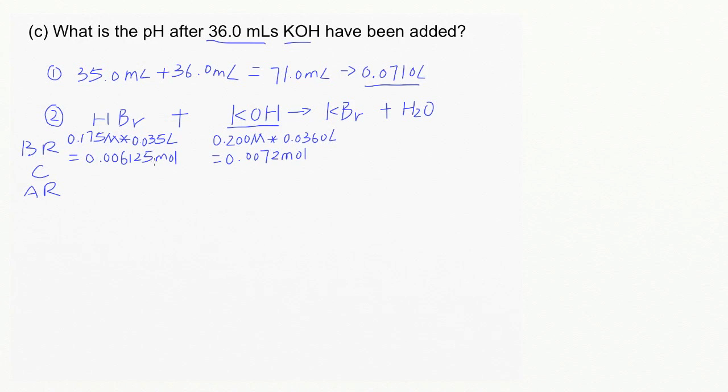Alright, so as you can see, hydrogen bromide is the limiting reagent because it's less than what we have for potassium hydroxide. So this much hydrogen bromide will be consumed, and the same mole number of potassium hydroxide will be consumed.